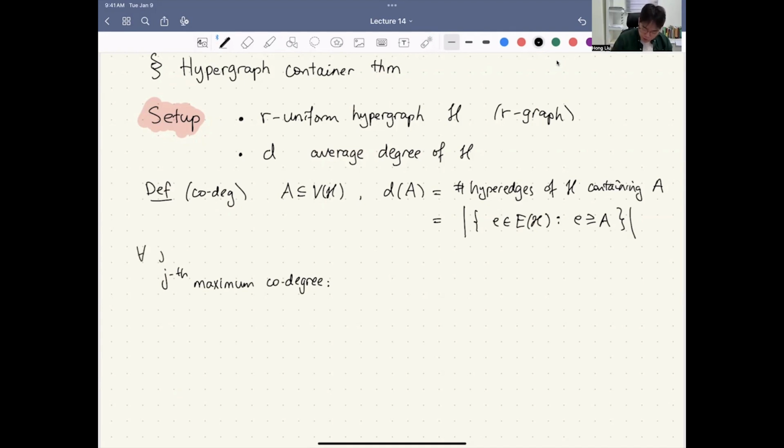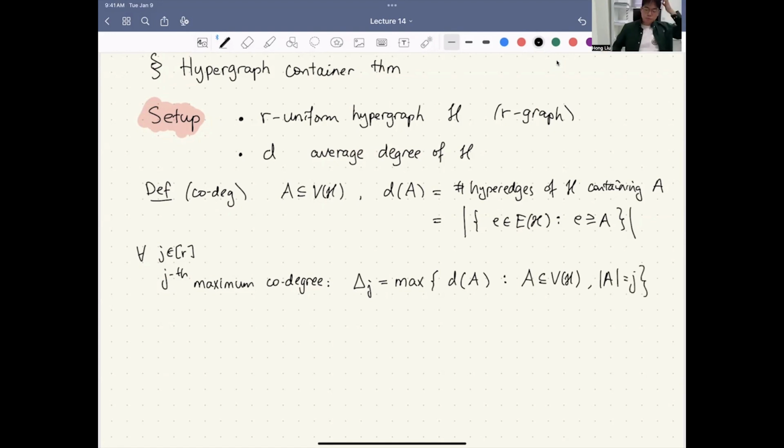So for any j from 1 to r, we define the j's maximum codegree, denoted by delta_j, to be the max over all d(A), where A is of size j. No problem.